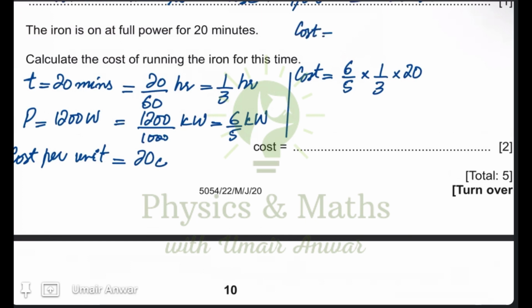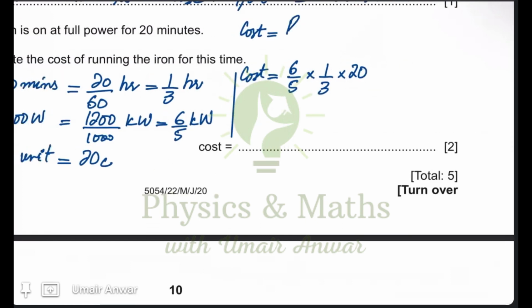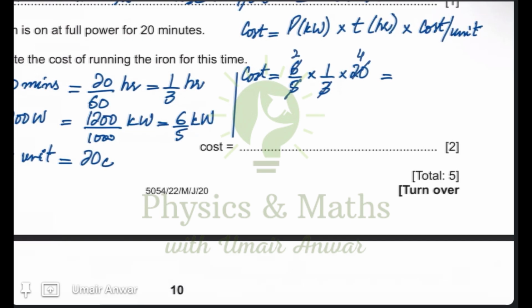And I'm also writing the formula here. Cost is equal to power in kilowatts multiplied by time in hours multiplied by cost per unit. So this is going to be equal to 8 cents. The cost is 8 cents.